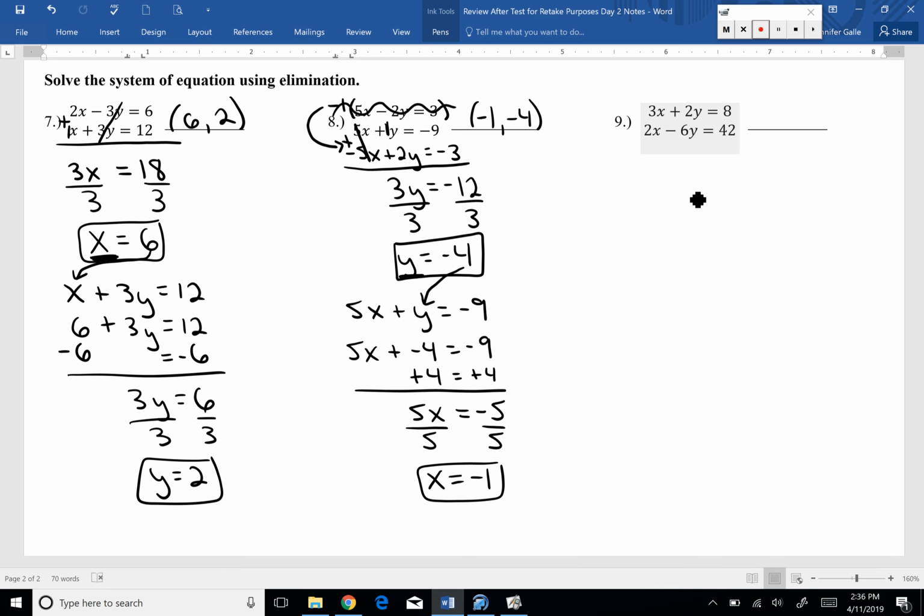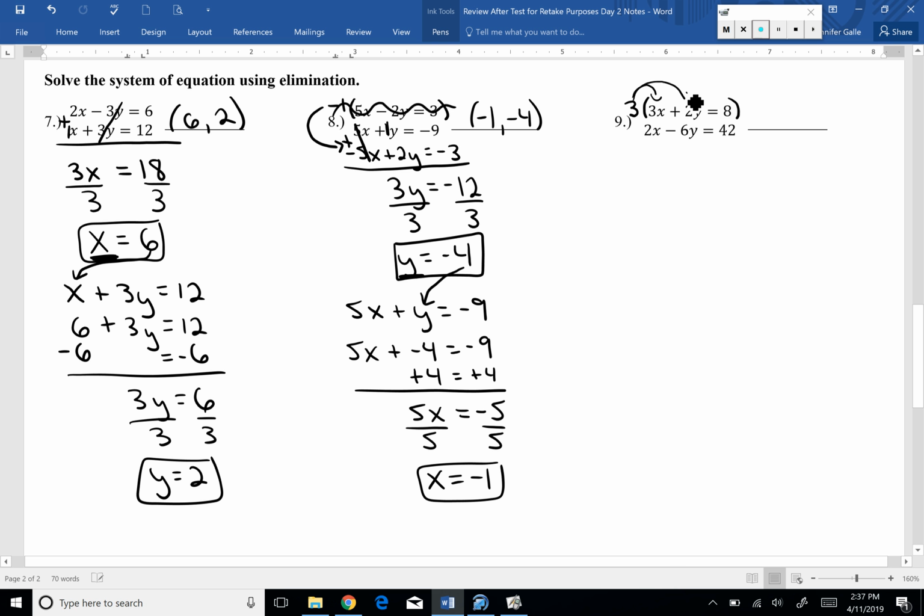If you choose the y, what can I multiply the top equation by? So 2y becomes 6. 2 times what? 2 times 3. The 6 in the second equation is already negative, so I want to keep the top one positive. I'm going to go ahead and distribute.